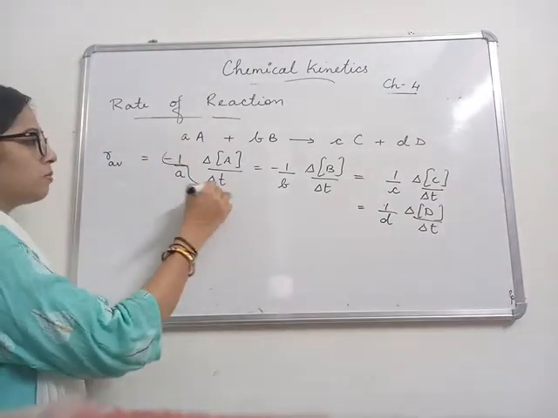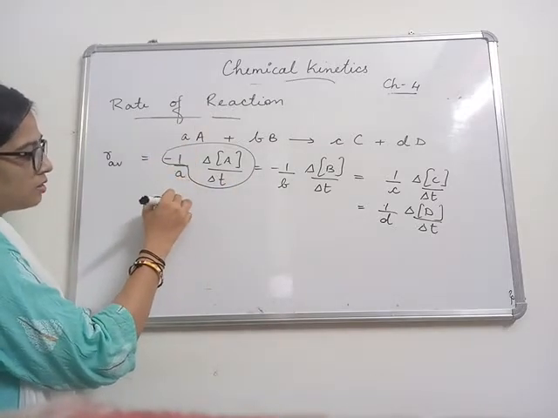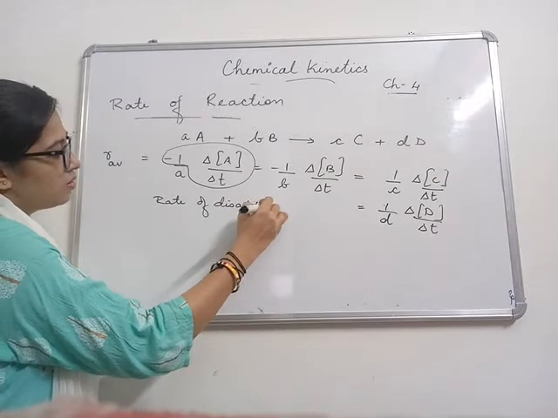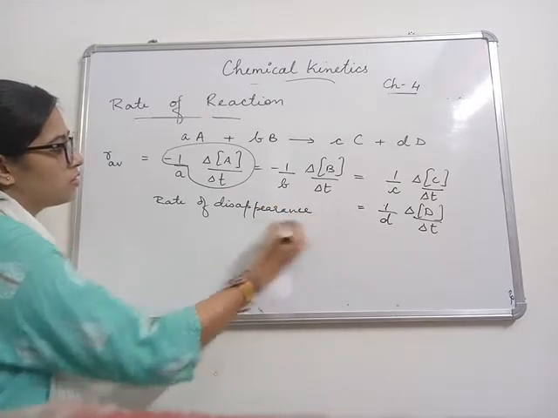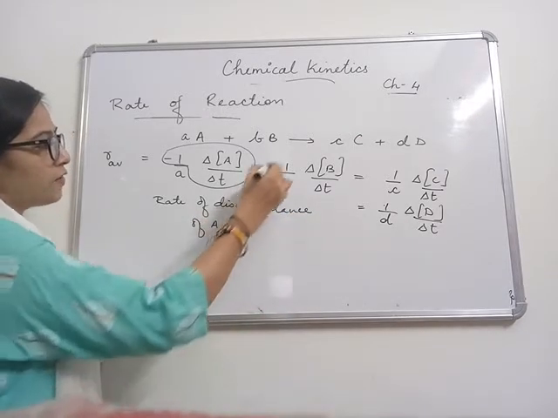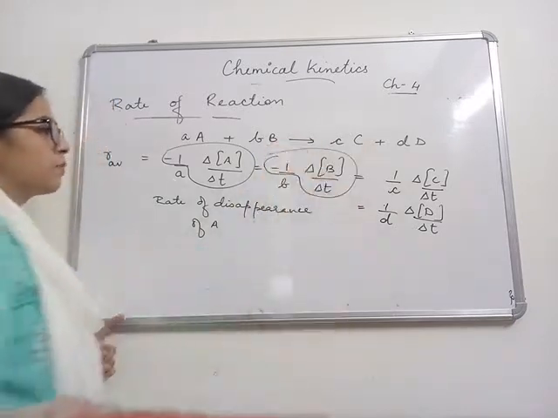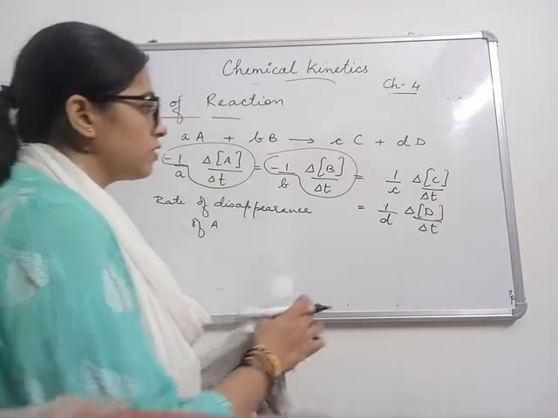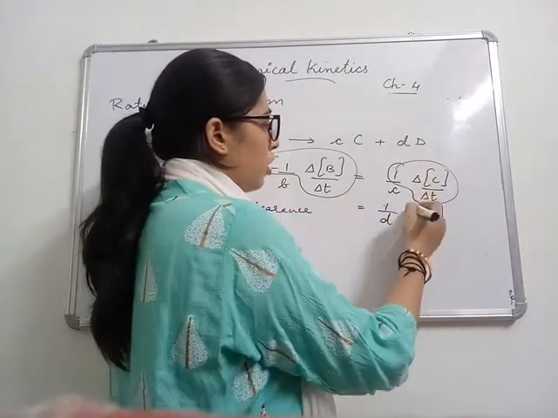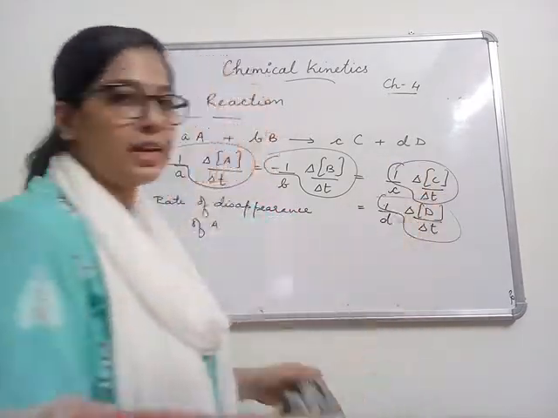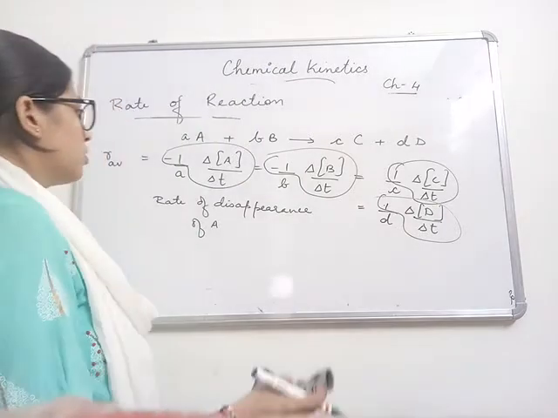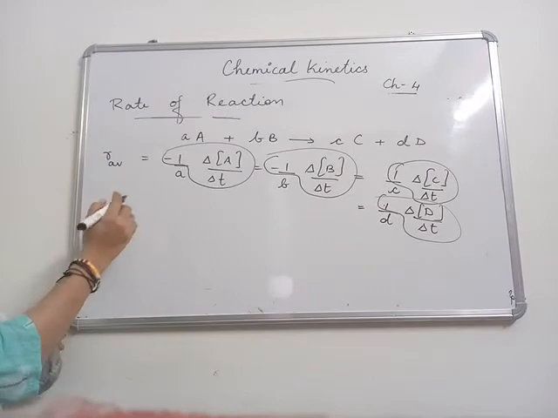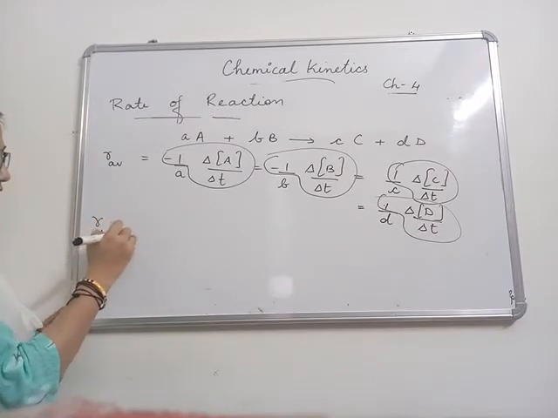This term is called the rate of disappearance of A, and if I talk about B, this is the rate of disappearance of B. This is the rate of appearance or rate of formation of C and D respectively. So this is a general expression to write the average rate. And what about instantaneous rate?